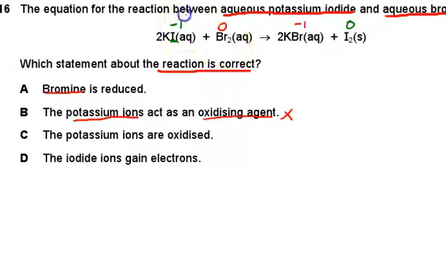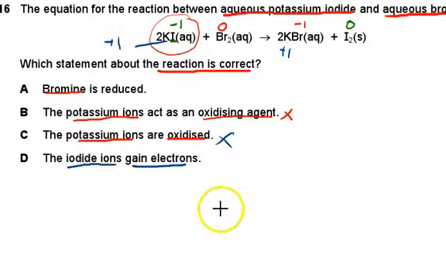The whole thing here will act as a reducing agent for bromine. So potassium ions are not oxidized. They are the same: for potassium, here is +1 and here is +1. There is no change. Iodine ion gains electron.